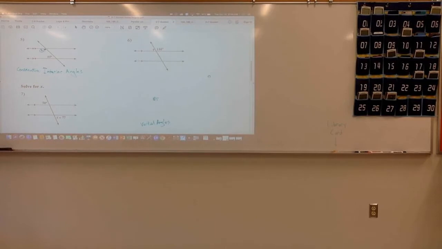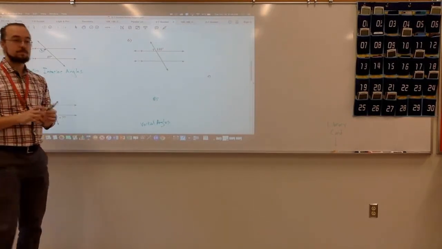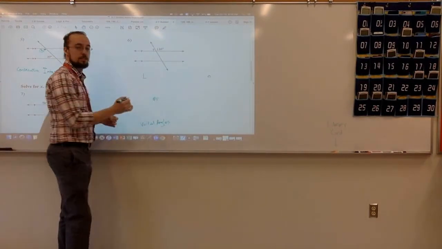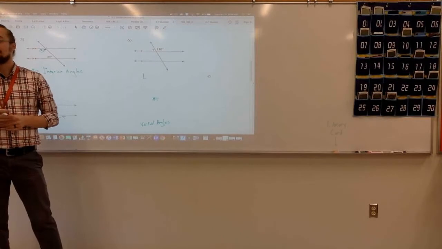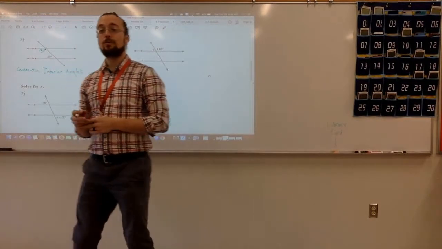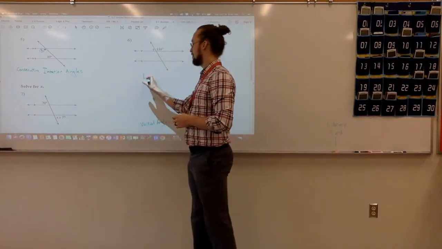What do we call it? If two angles make up a straight line together, not vertical, linear pair.